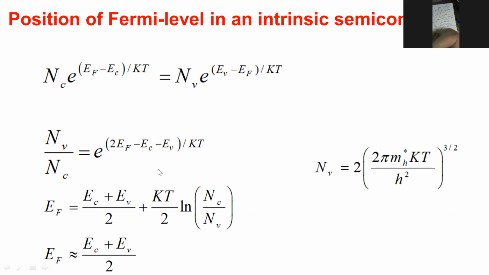Why are we considering this an important expression? Let's for a while ignore the term KT over 2 ln NC over NV. What is EC plus EV over 2?